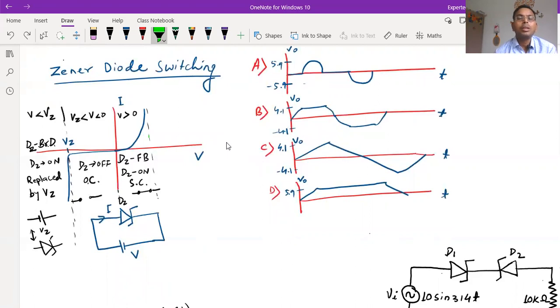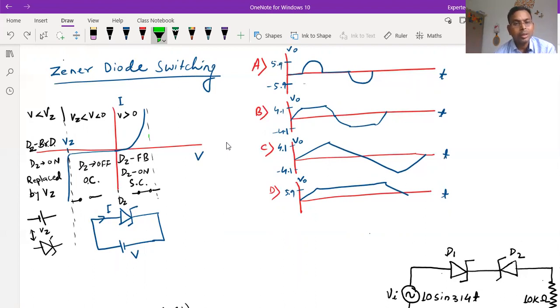When the Zener diode is forward biased, it behaves simply as a simple diode in forward bias. So it will be switched on, its resistance will be very small, so it will work just as a switch on, as a short circuit. But in reverse bias, the resistance will be very high, so it will work as an open circuit, or the Zener diode will be off.